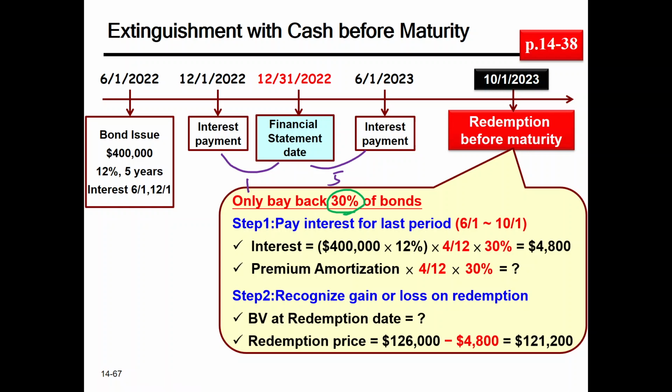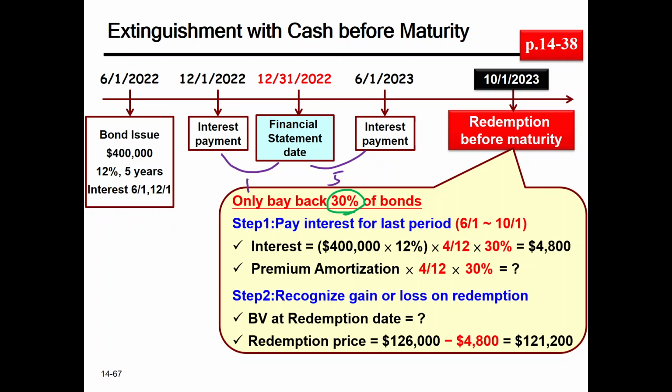But for buy back the bond, for the 30%, don't forget, when I decide to pay the debt, always you have to what? Pay the last time interest, right? So that's why step 1, last time still I have an interest I have to pay back. After you pay last time's interest, don't forget, when we record interest, we record premium amortization at the same time in order to find out our book value on that date.